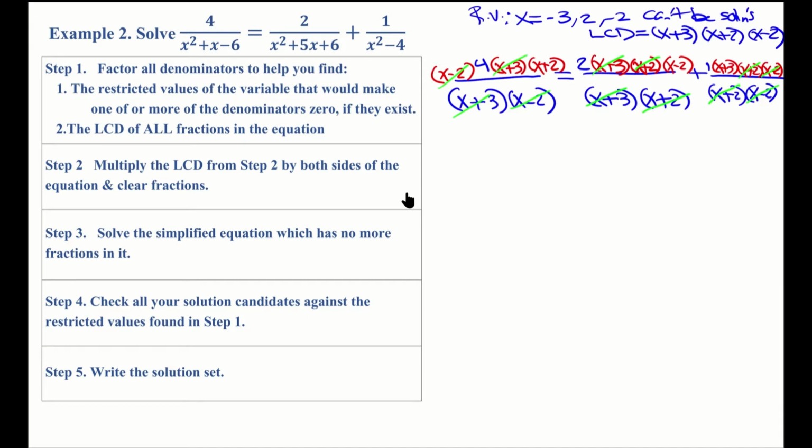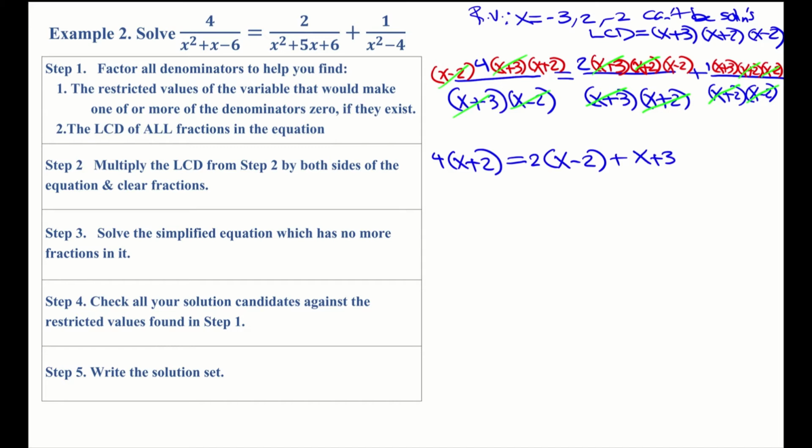All right, now we go ahead and write down what's left. So we notice here we have 4 times x plus 2 equals 2 times x minus 2 plus 1 times x plus 3, which is just x plus 3, right?